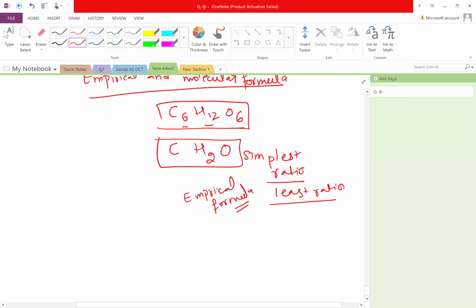Got it or no? Yes. Whenever you are having a smaller number, we call it the empirical formula. This one, the complete formula, we call the molecular formula.